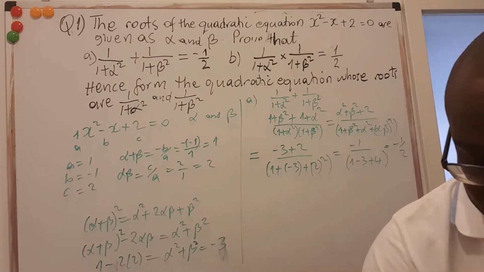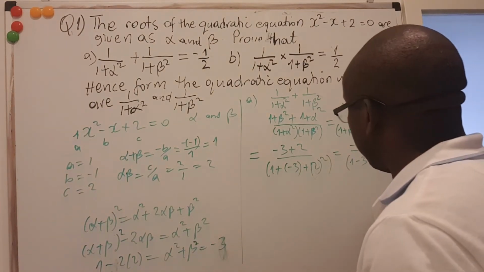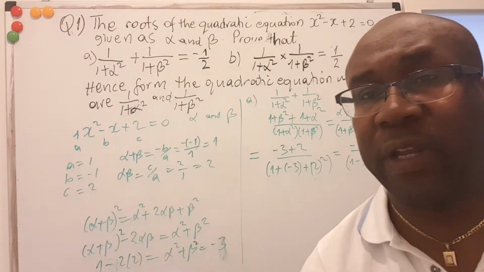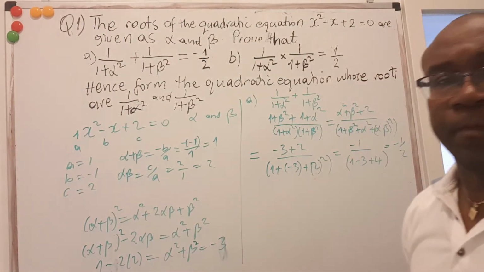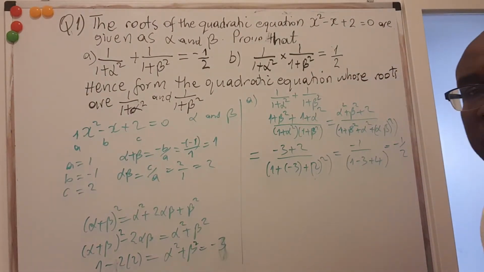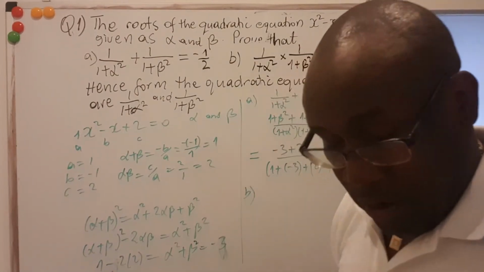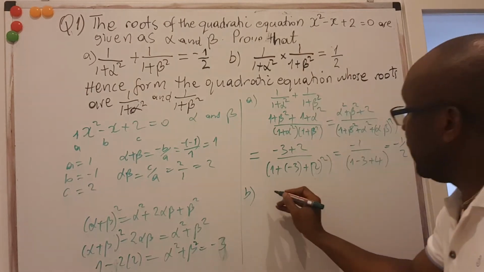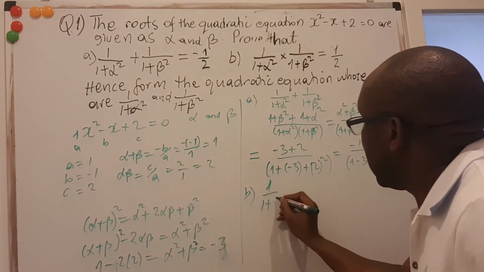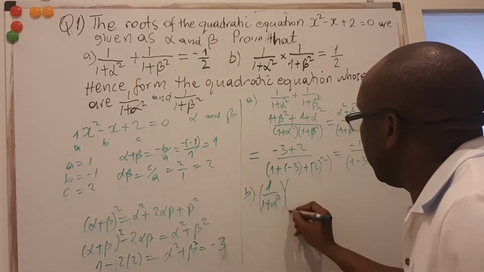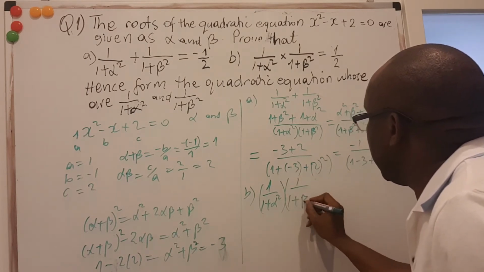We will take the second one. So the B, let's have some space here. So we can put B here. So we take this one here: 1 all over 1 plus alpha squared multiplied by 1 over 1 plus beta squared.